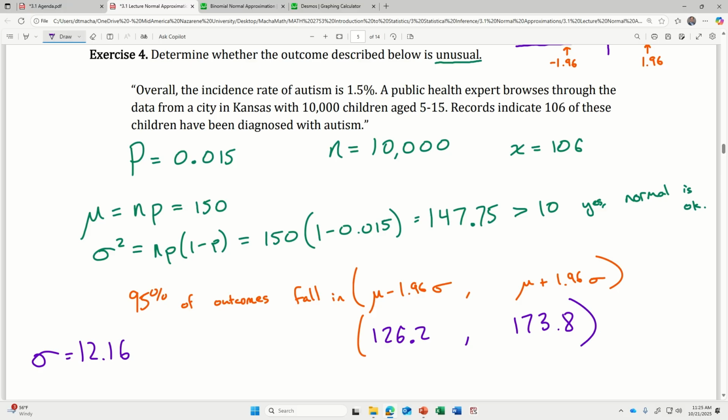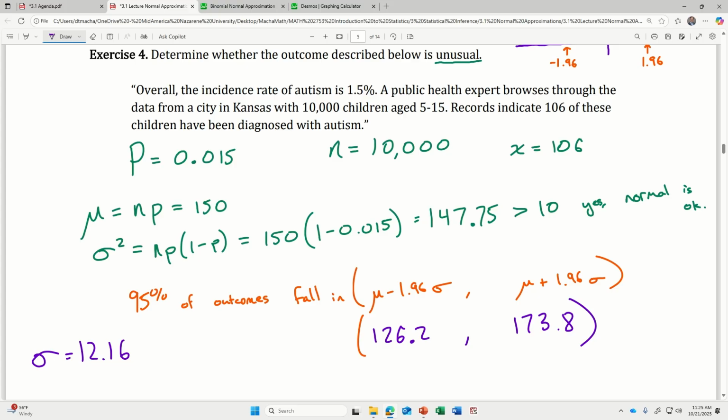It's probably going to be near 150, but maybe not exactly 150 every time. What I do know is that I would expect 95% of the outcomes that happen from this random process to fall somewhere between 126 kids and 173 or 174 kids.